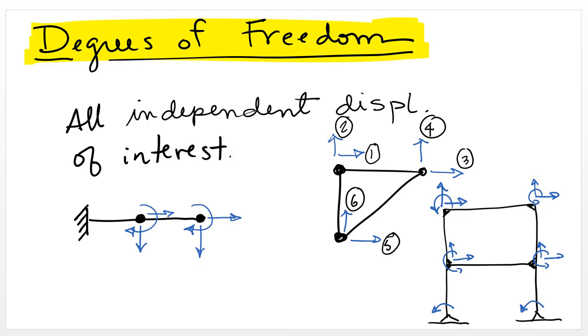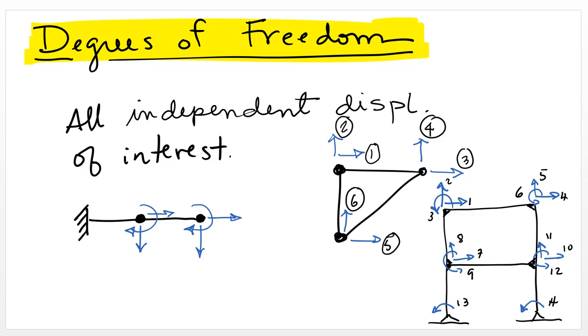We have 4 joints, so that's 3 times 4, that's 12, plus 2 rotations at the base, because we have hinges for support, so the only free displacement is the rotation. So that gives you 14 degrees of freedom, right? With 1, 2, 3, 4, 5, 6, 7, 8, 9, 10, 11, 12, 13, 14.